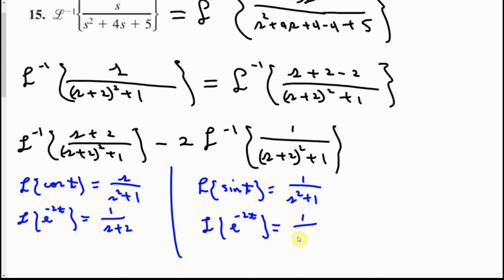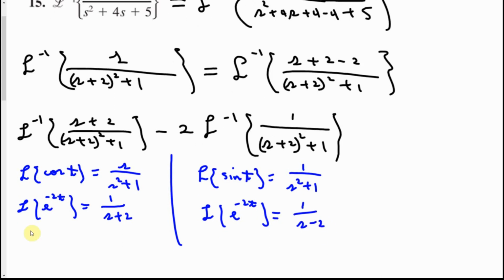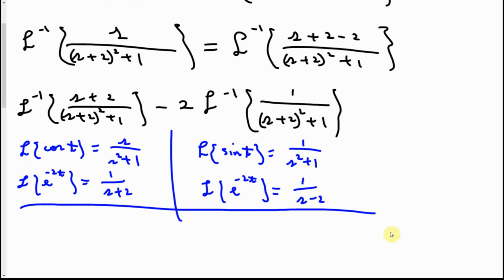So from that, we build the answer. The answer for the first part is e to the negative 2t times cosine t. And then minus 2, don't forget that, minus 2 times e to the negative 2t times sine t.